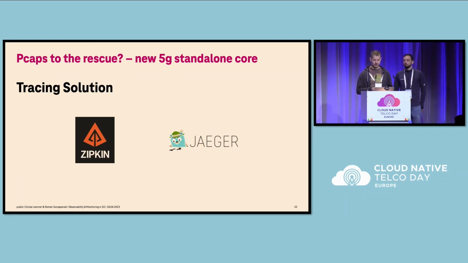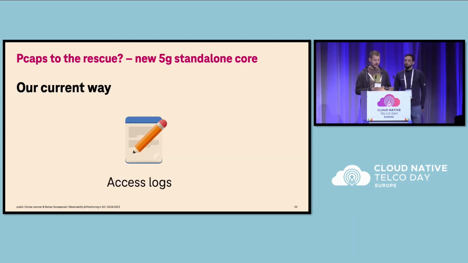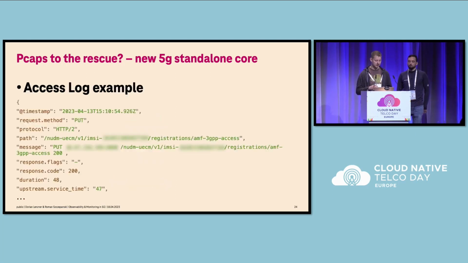And also with these sidecars, we have the possibility to use tracing solutions like Zipkin or like Jaeger, for example. But our current way is we are trying to use the access log first. That means every message which goes from one network function to another will be logged. And here you can see an example of that.